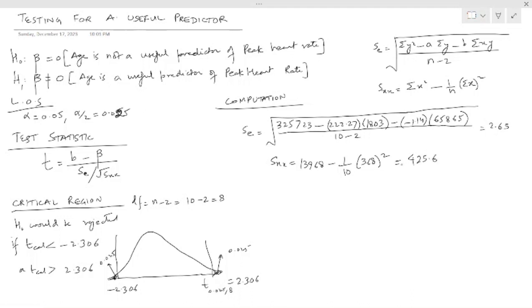is the answer of SXX. Now we can substitute the slope, which is minus 1.14, minus beta, which we have taken in H naught as 0, divided by 2.65, the value of SE, divided by the square root of SXX, that's the square root of 425.6.